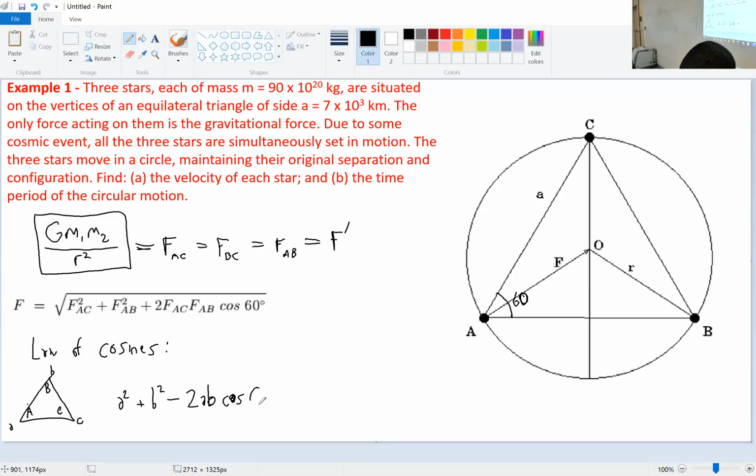So that's going to be capital C. And so that's where he gets that. So all of these have measure 60. And so that's how he calculates the force between them.